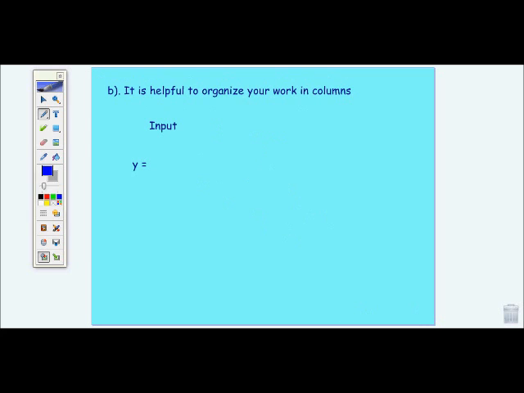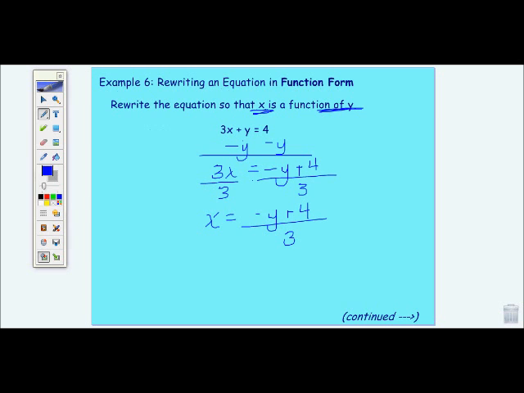Our final example is going to be talking about what we do once we get it into function form, and that means that we will put it into an input-output chart. I'm going to go ahead and use our last equation.